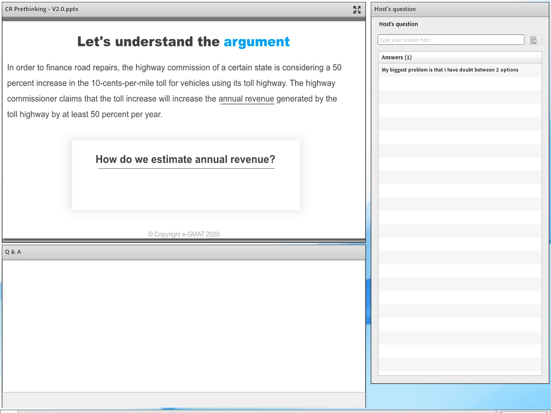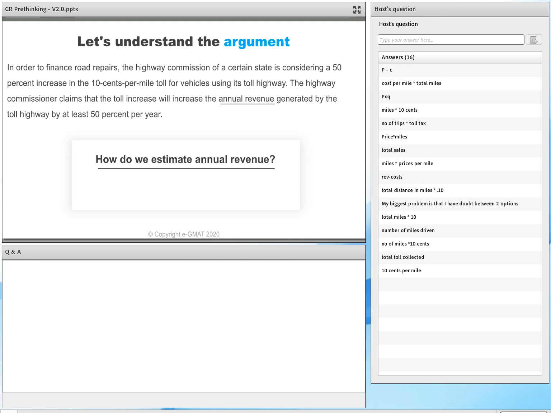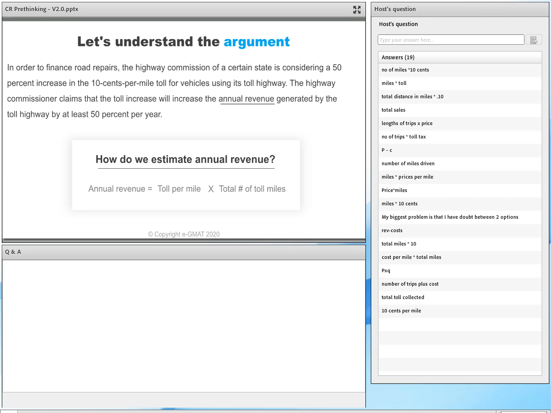In this context, price times miles. Perfect. Miles times actually not 10, but 15 in this case. 10 is the present value, right? Miles times the price per mile.